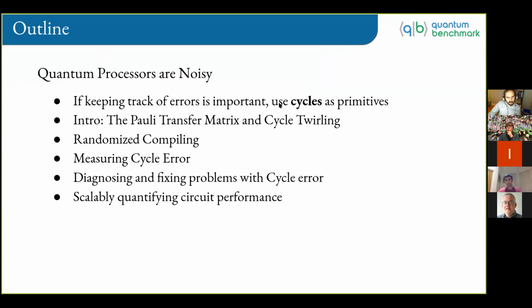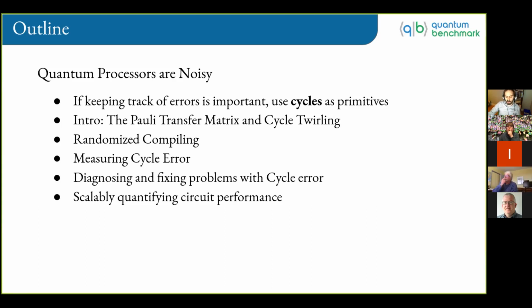If there's one thing that I'd like you to take away from this, it is that if you think that keeping track of errors is important on noisy quantum devices, then you should really be thinking about the primitives of that device as being cycles. I'll define exactly what I mean by cycles in a bit.